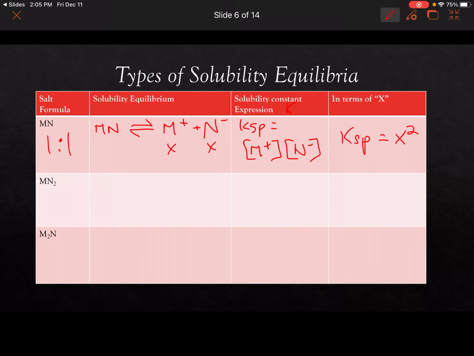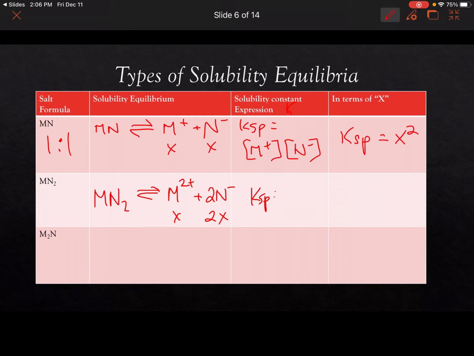MN2, so if we had this situation, we've got MN2 in equilibrium with M2 positive plus 2N minus. Looking at this, if we were to assign X's here, there'd be an X there, but this would be 2X because I'm following the mole ratio here.